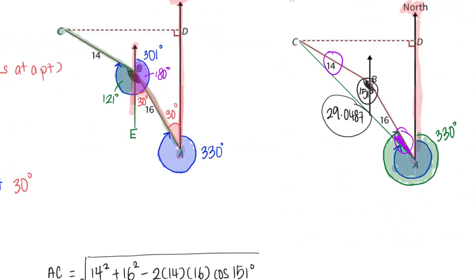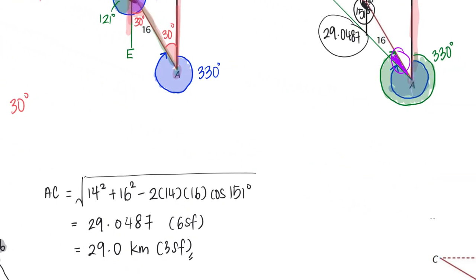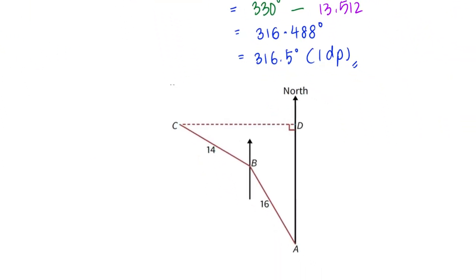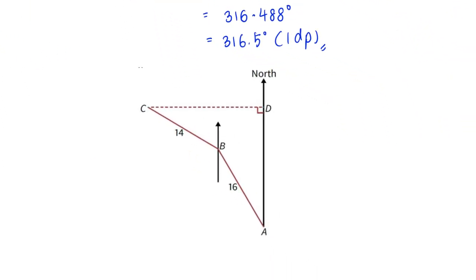And for the last part, distance AD, let's turn our attention again to this big clean diagram. I do want to join AC though. And from here, there is certain information we already have. We have this angle here, which is 13.512 degrees.